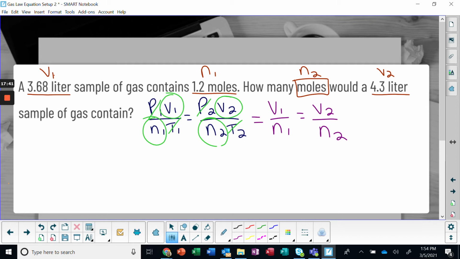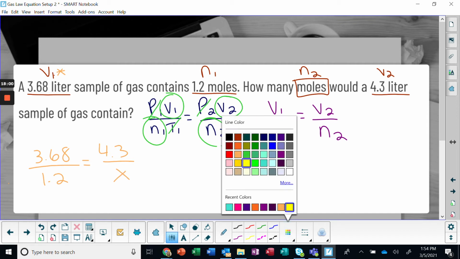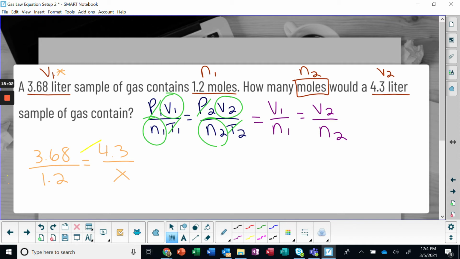In place of V1, we have this one. So 3.68 over N1, 1.2, equals V2, which is 4.3, over N2, which is my X. Everything's plugged in.